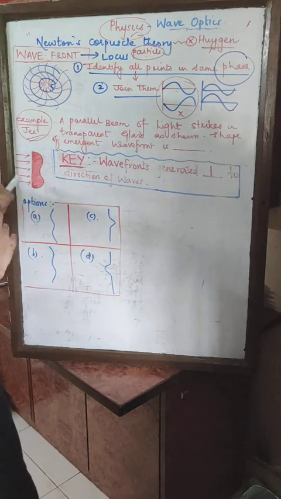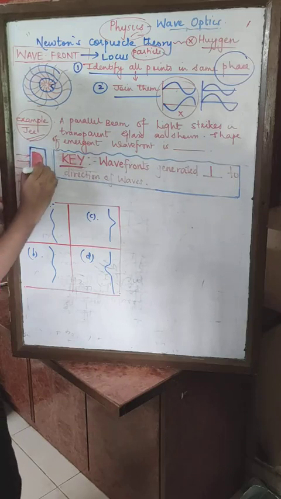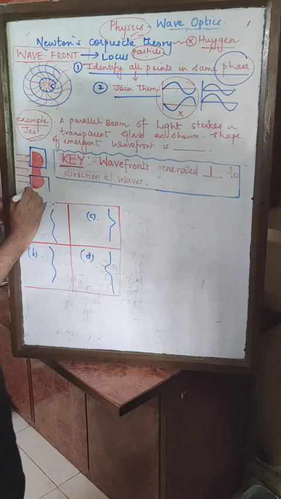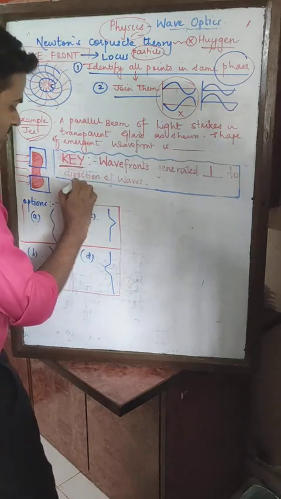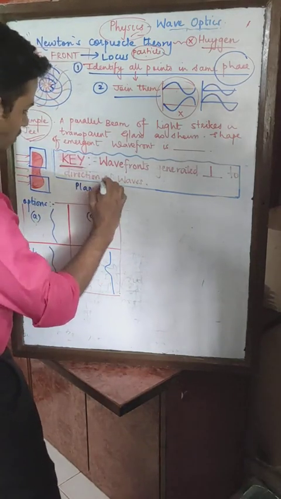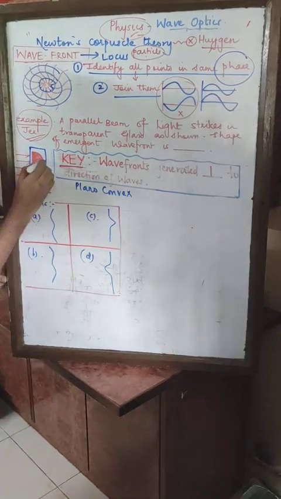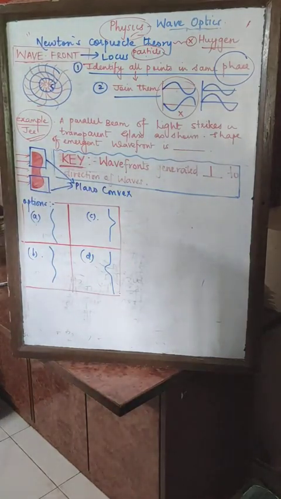Now, just look at this diagram. If you analyze carefully, we can divide this diagram into three parts. One of the regions, the one which is marked, is known as plano-convex.